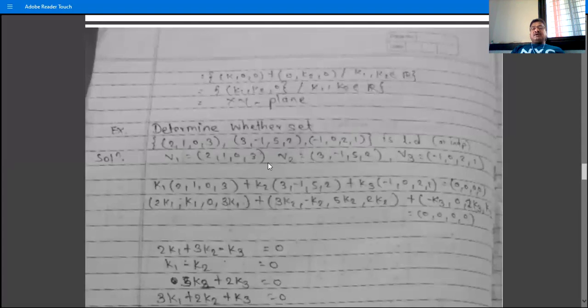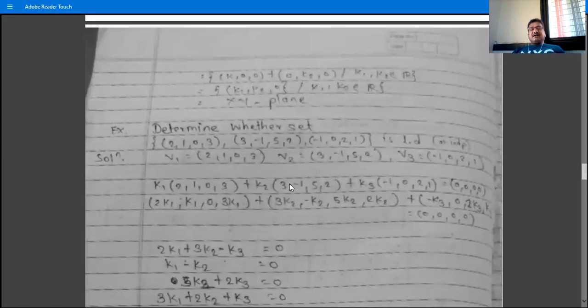In order to determine whether these vectors are linearly dependent or independent, we have to take three scalars. So write the sentence: let K1, K2, K3 be scalars such that K1 V1 plus K2 V2 plus K3 V3 is equal to 0 bar.